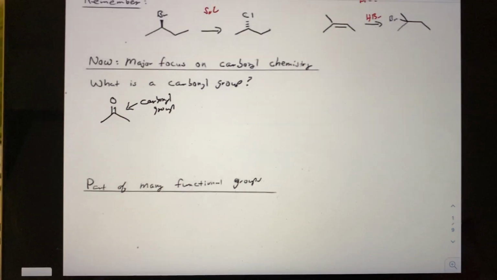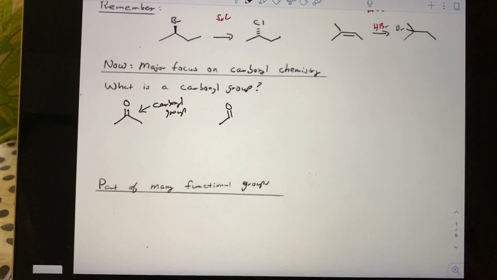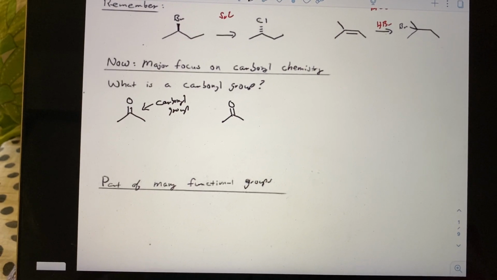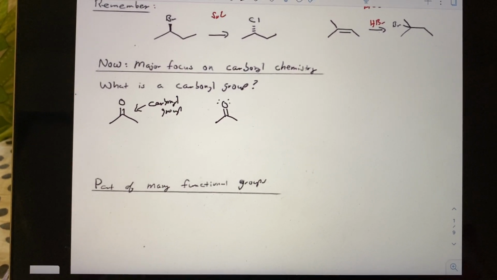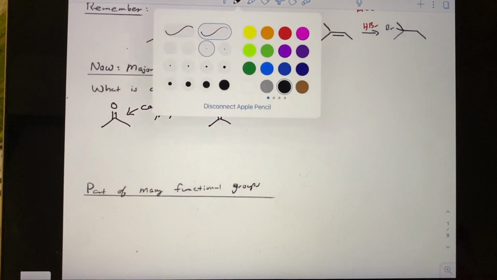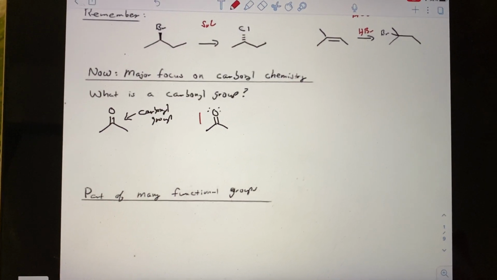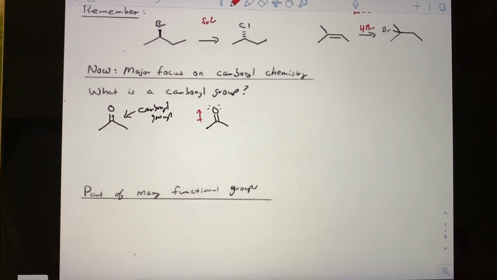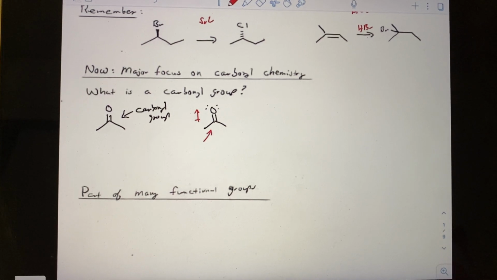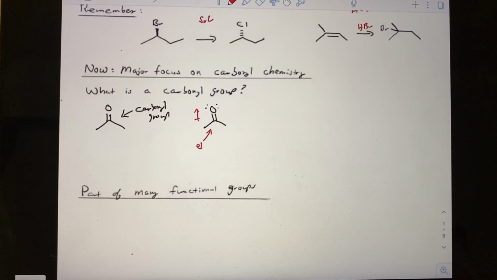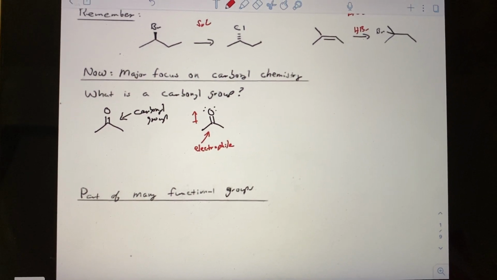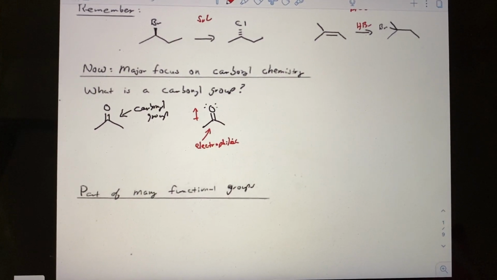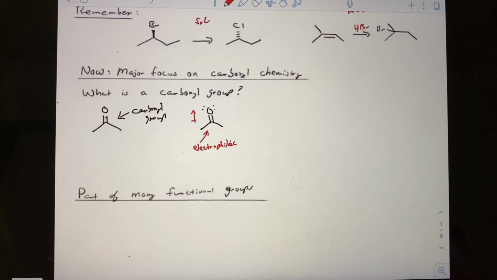And right at the outset, you can think about this carbonyl group here. We have two lone pairs of electrons here. And we have an oxygen that's much more electronegative than the carbon. So we could represent this as a dipole in this direction, which means that this carbon here is going to be electrophilic. And that's going to be one of the key features of this.